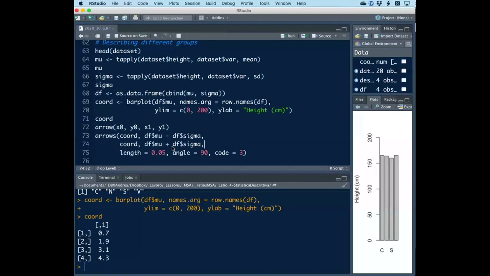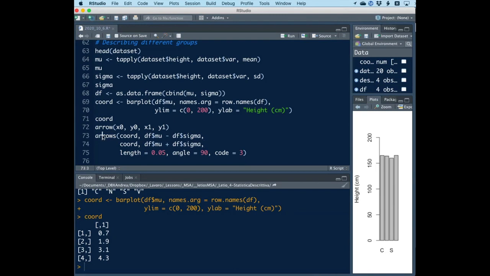Then I have some other arguments. This is the length of the arrow, the length of the external, the final, initial and final points, the angle of the arrow, which is 90, and the code for the arrow. Code equal 3 means that we want to draw the arrow head at the beginning and at the end.